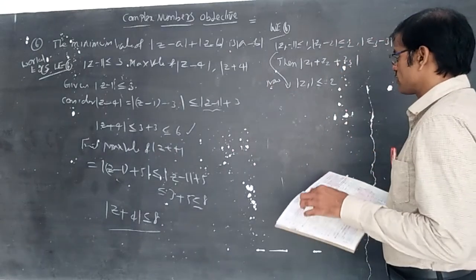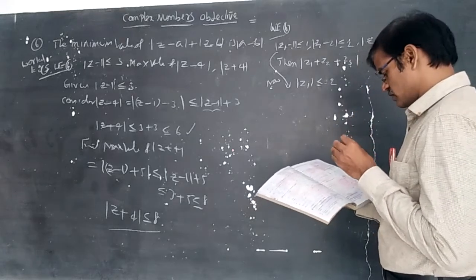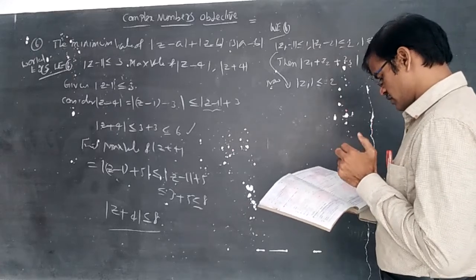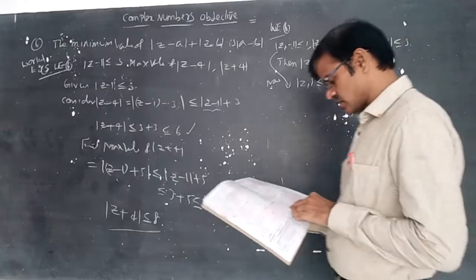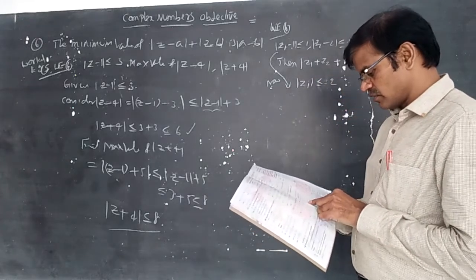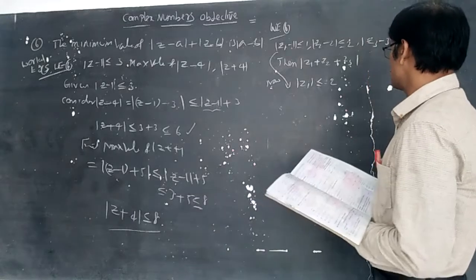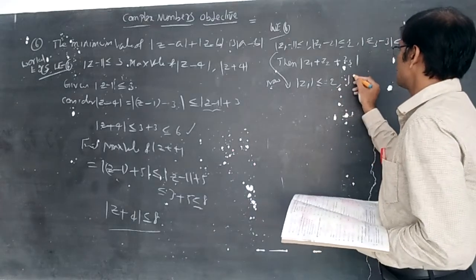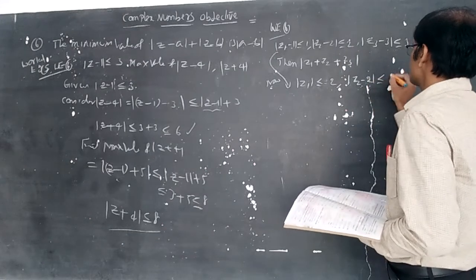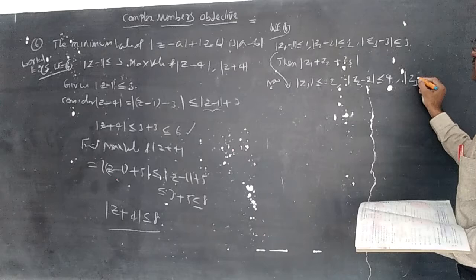Keeping aside, he is discussing with us that modulus of z1 minus 1 less than 1, the value is 0 less than modulus of z1 less than 2. If we take this to the left side, it becomes modulus of z2 less than or equal to 4.